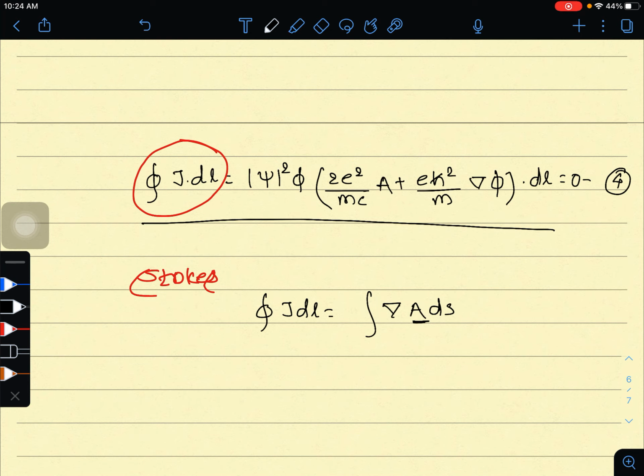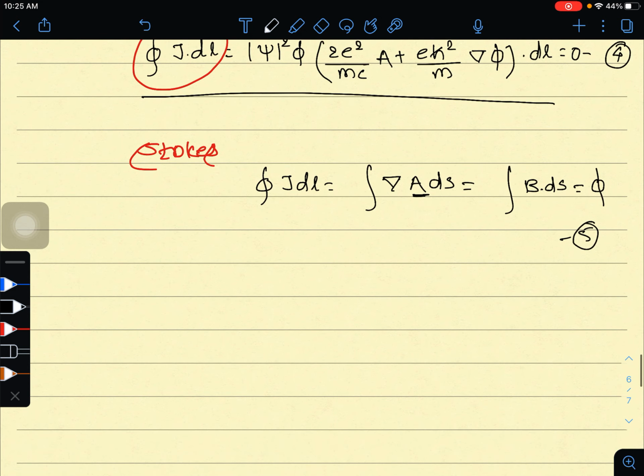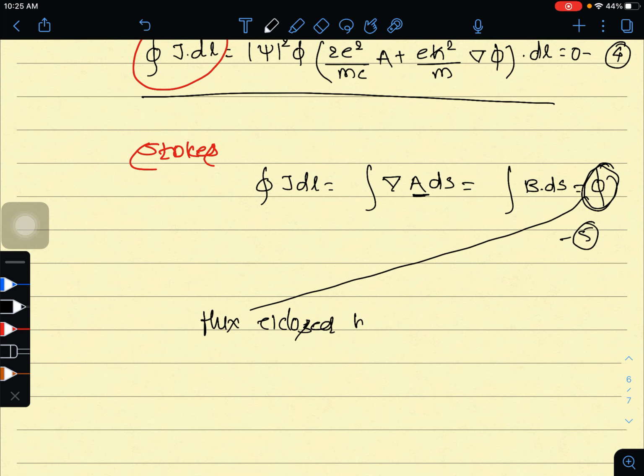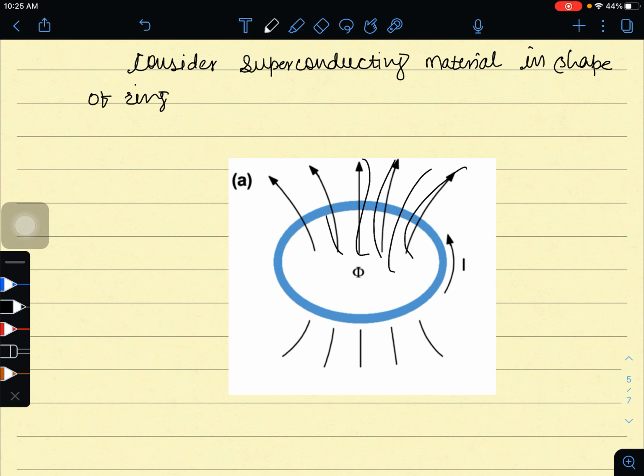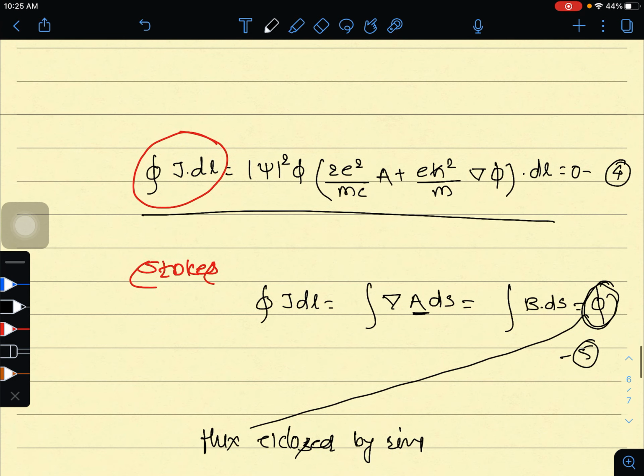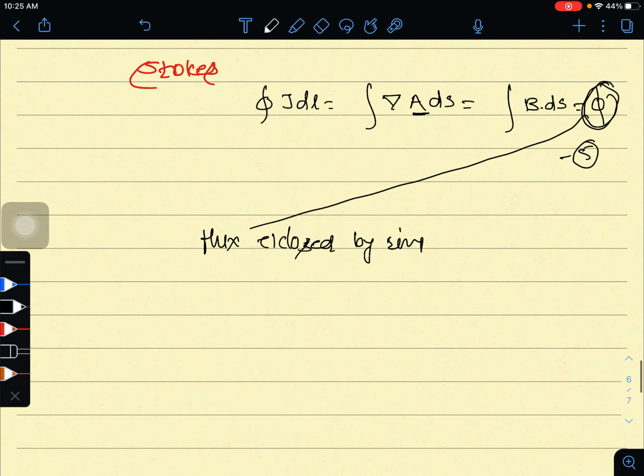It is a vector A, and in terms of magnitude it is B dot ds, and the whole of this is equal to phi. Let this be equation number 5. This phi is called the flux, and this flux is enclosed by the ring. Looking at the diagram, this is the flux enclosed inside that ring, shown here by phi.